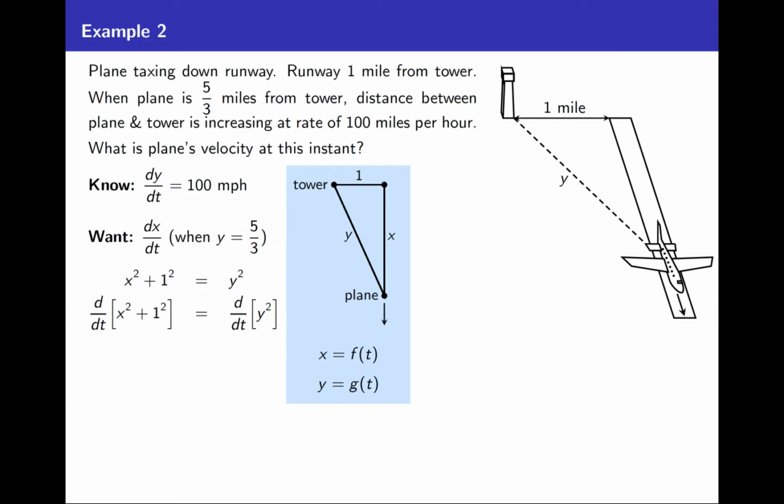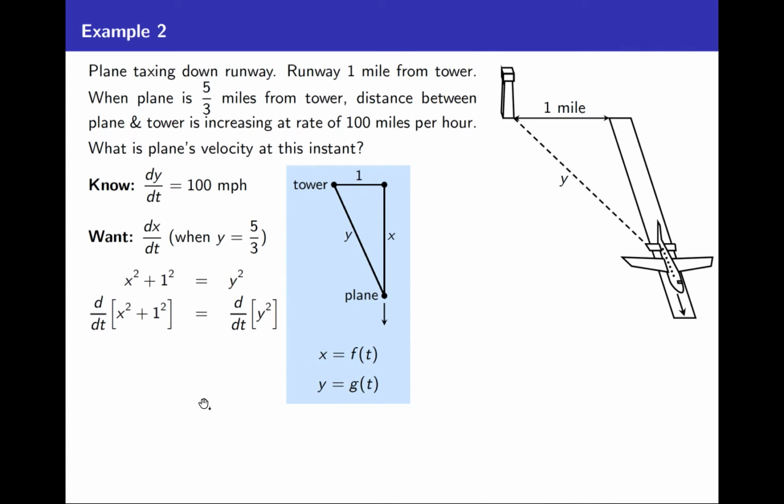So we can differentiate both sides of this equation with respect to time t. So on the left-hand side, you get d/dt of x squared plus 1 squared, or x squared plus 1. And let's think about that. d/dt of x squared is really d/dt of f of t squared.